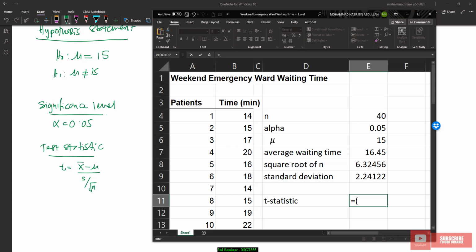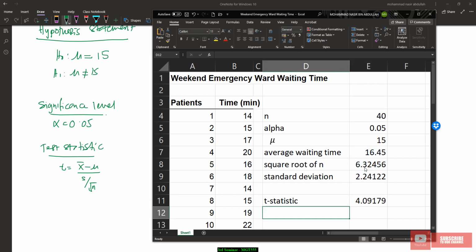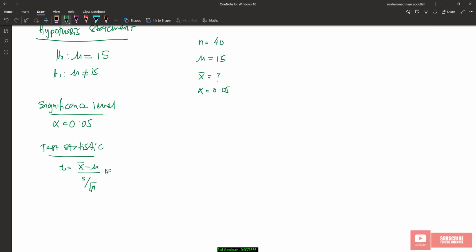So we bracket X bar minus mu, our mu is equal to 15, divided by the standard deviation. Oh sorry, I put it in a bracket so it's easier. The standard deviation E9 divided by the square root of n, which is equal to 4.0917. So this is going to be 4.0917.